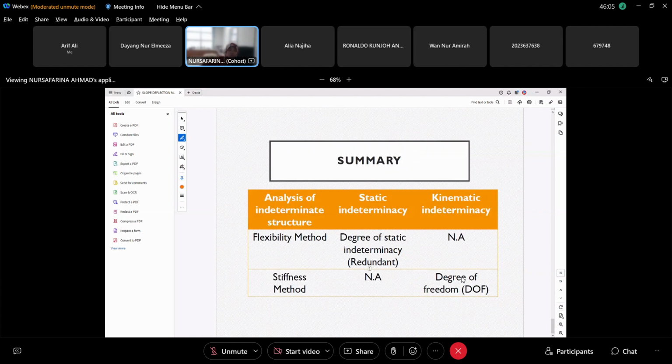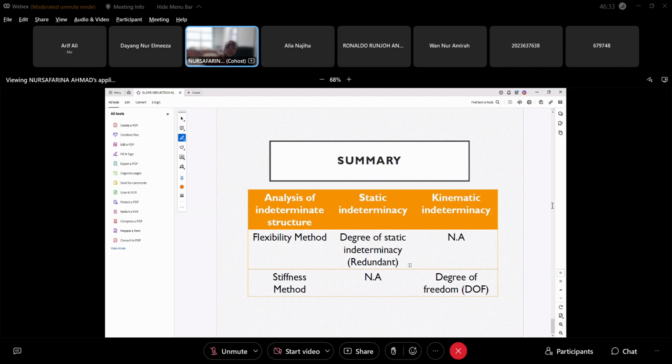Okay, tak apa. Alright, so in here summary analysis of indeterminate, which is what we have a flexibility method is degree of static indeterminacy, so kita akan kira redundant. Okay, kinematic indeterminacy kita akan kira degree of freedom. Okay, kalau kita tengok flexibility method ni, degree of static indeterminacy redundant means that at support.